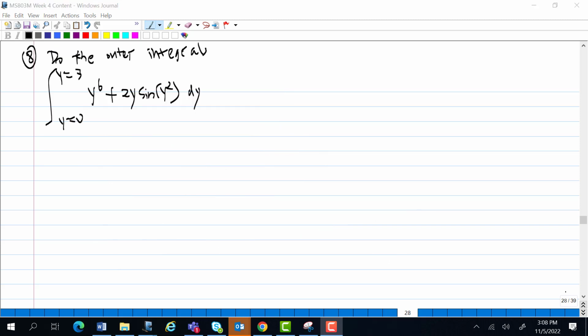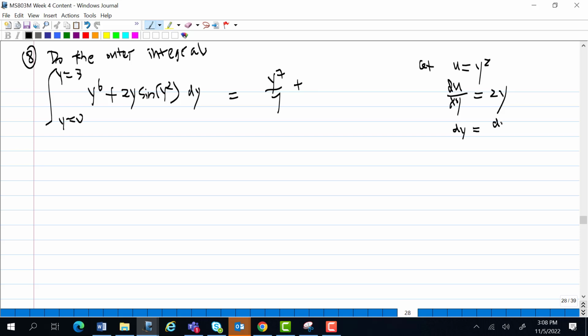Now we can do the outer integral from y equals 0 to y equals 3. You integrate y power 6, you get y power 7 over 7. Then integrate 2y sine y squared. You can do a substitution. Let u equal y squared. Then du dy is equal to 2y, so dy is equal to du over 2y.